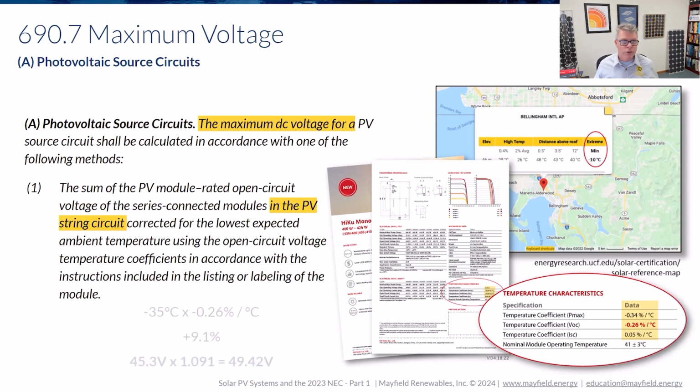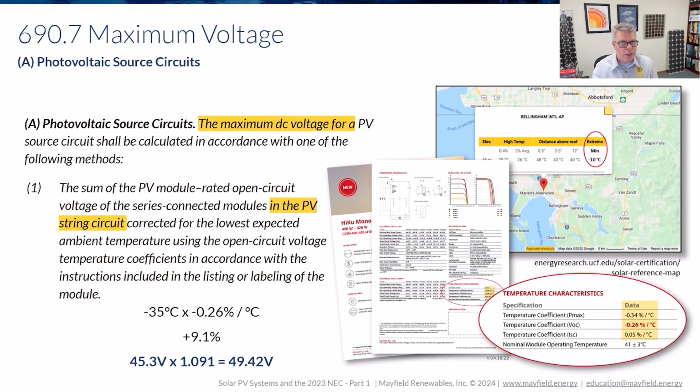In this case, we have a difference of 35 degrees C. Because the lowest expected temperature is negative 10 degrees C and standard test conditions are 25 degrees C, we take negative 10 degrees C minus 25 degrees C. That tells us the circuit could operate 35 degrees C below the standard test condition temperature of 25 degrees C. That's how we got to negative 35.